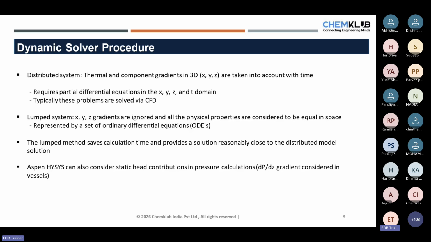That is how the lumped systems are, and it requires a considerably smaller time, and you can get the result much faster. Coupled with all your material balance and energy balance, it can give you a better picture, even with dynamic process simulation.